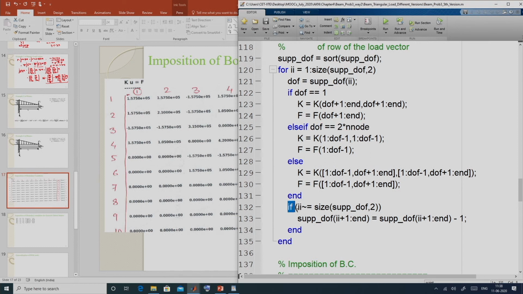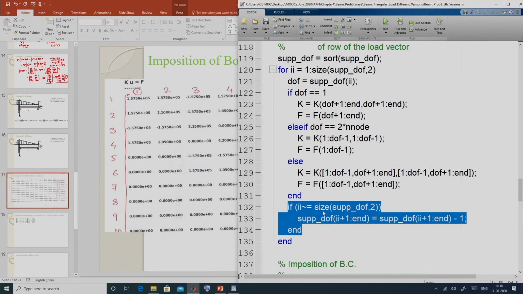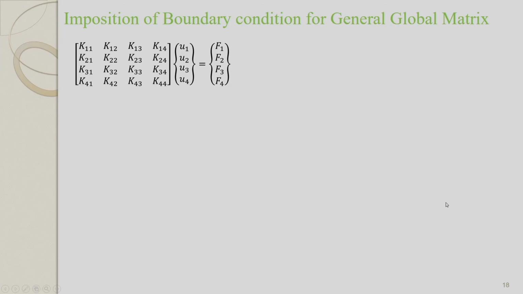Now, this is one important step which I will explain. Suppose we have a 4 cross 4 global stiffness matrix and U2 and U3 are prescribed. In that case, first we eliminate the second row and second column.